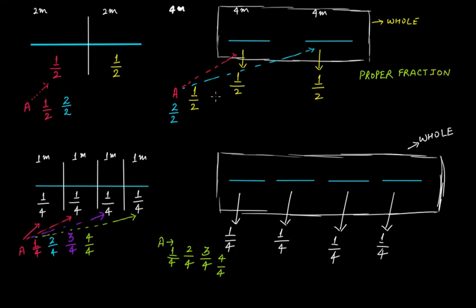And the most important thing is that whatever fraction we are looking at here, in all these cases, the numerator is less than or equal to the denominator, but they are never greater than the denominator.